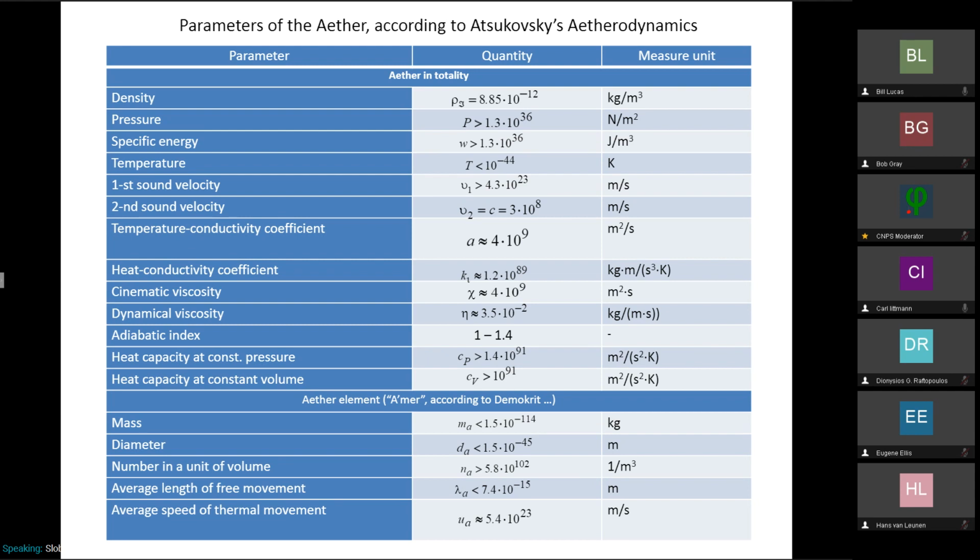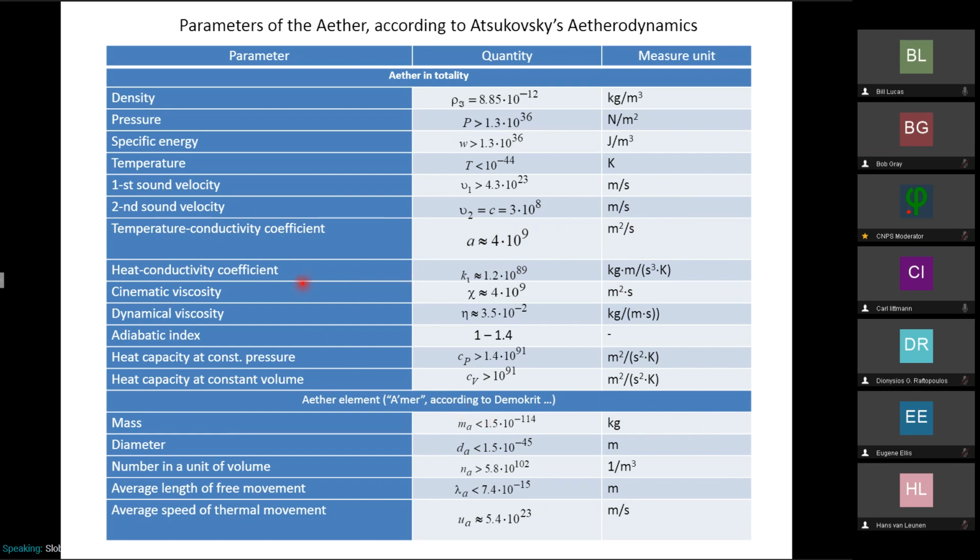We have here density, pressure, specific energy, temperature, first and second velocity. The first velocity would be a superluminal velocity, and the second one would be what we know as the light velocity, or velocity of propagation of electromagnetic perturbations.